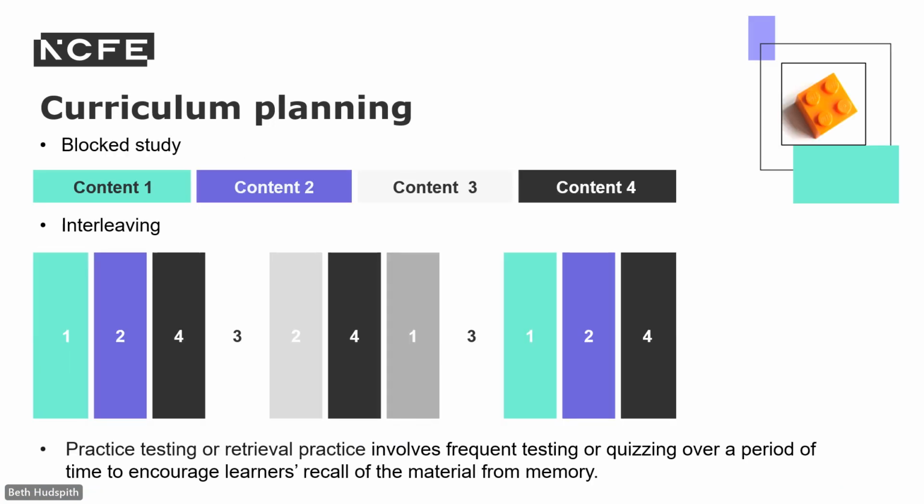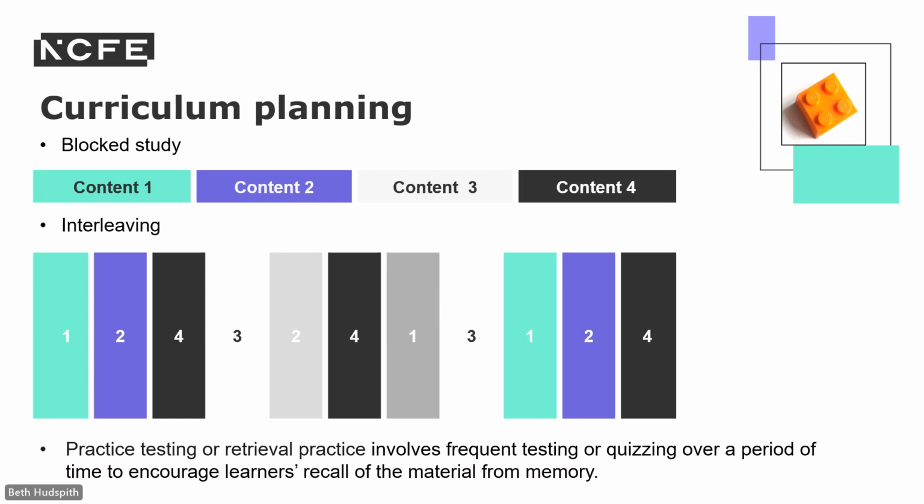If we look at curriculum planning for a minute, just picking back up on what you're saying there, Beth, this slide has two models. The first model at the top, blocked study, is linear content 1, 2, 3, 4.